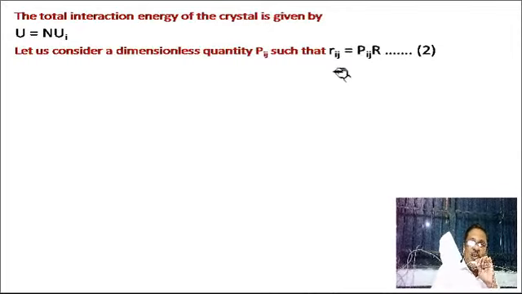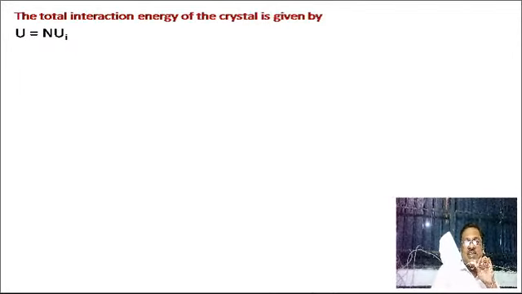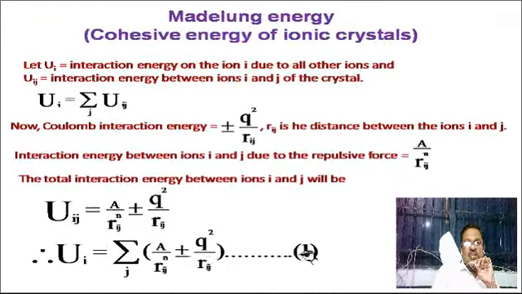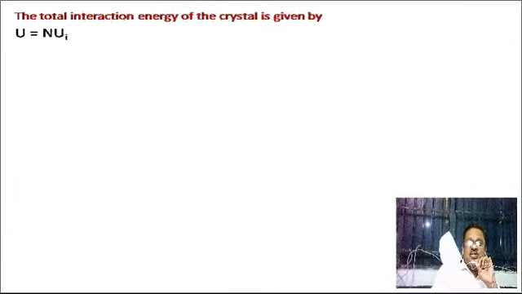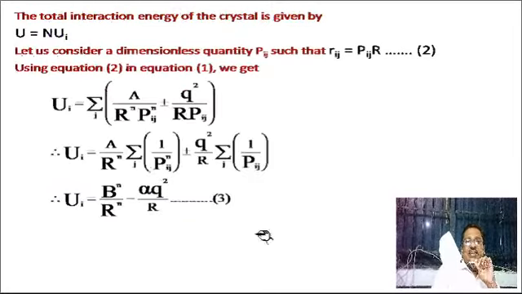Now put the value of this Rij in equation number 1. We are substituting the value of Rij as Pij into capital R in this equation. After the substitution, we get Ui equal to summation over j of A divided by R to the power n Pij to the power n plus or minus q square divided by R Pij.